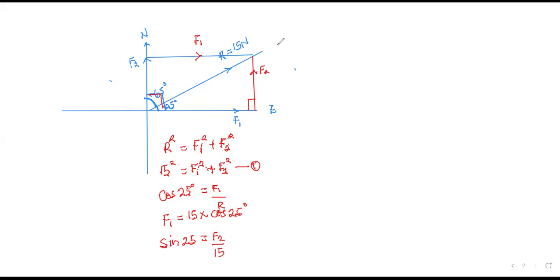You can also use the sine rule. When you take sine of 25 over F2, this must be equal to sine of 90, over the resultant 15. And this will also help you find F2.